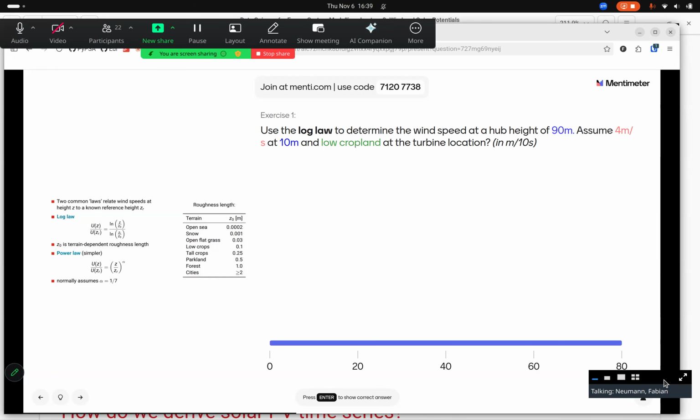For the first try, I will give you some hints and map it to your variables. Your 90 meters would be z, the target height. The reference height would be the 10 meters, zr. The 4 meters per second would be U of zr. And for low cropland, we look into this table and find the z0 value of 0.1.